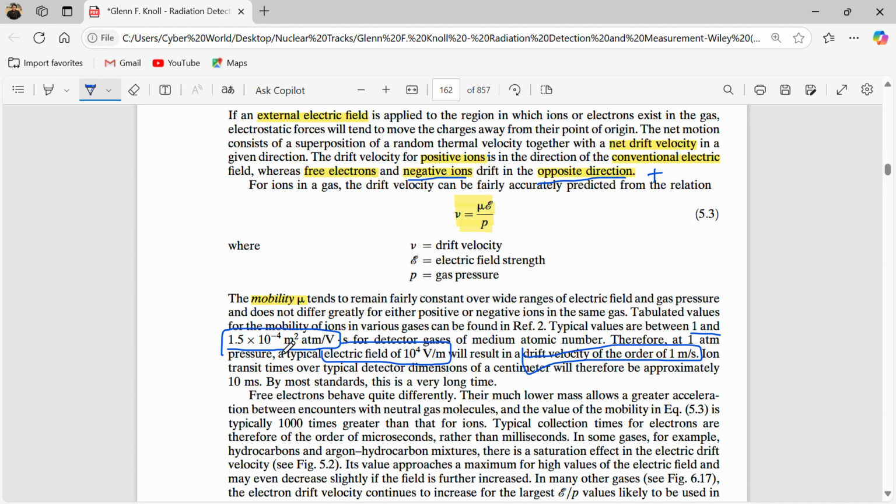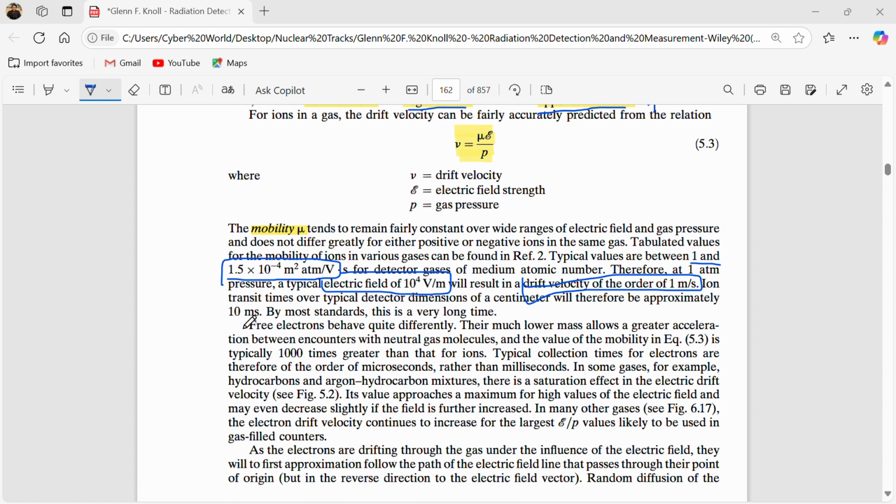If we take the value in between, we get 1 atm. So it depends on the value of the pressure which is given. By most standards this is a very long time, about 100 microseconds.